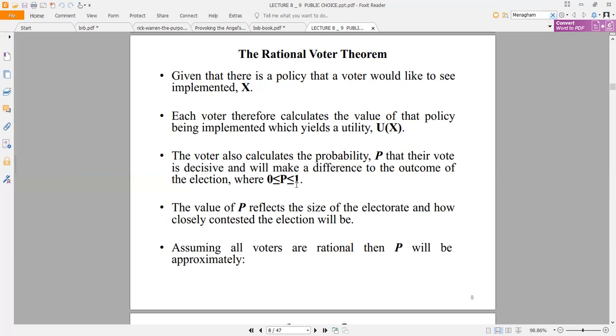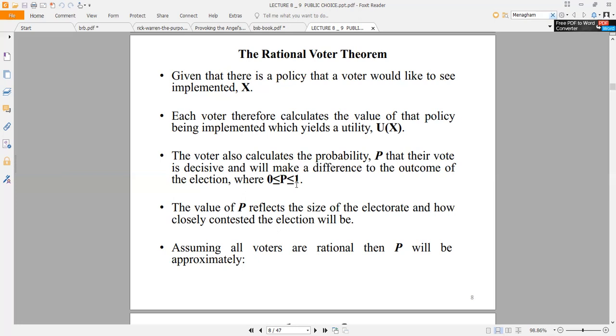Now, the value of P, the probability that your vote is actually going to make a difference to the outcome of the election, shows the size of the electorate. It gives a picture of the number of voters, and then how tight the election can be.